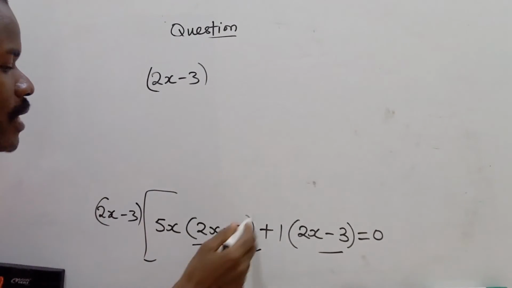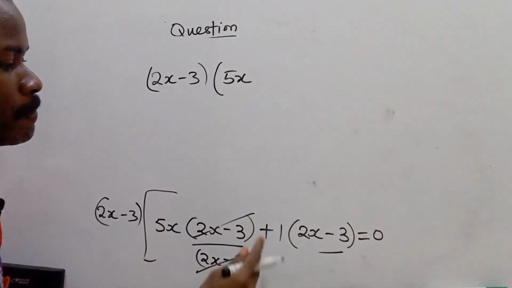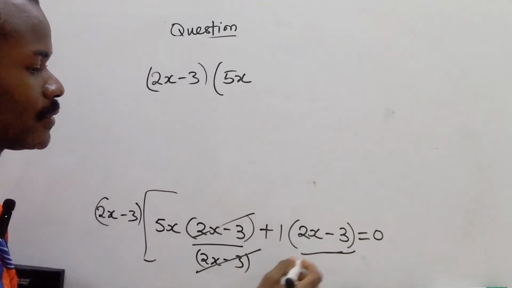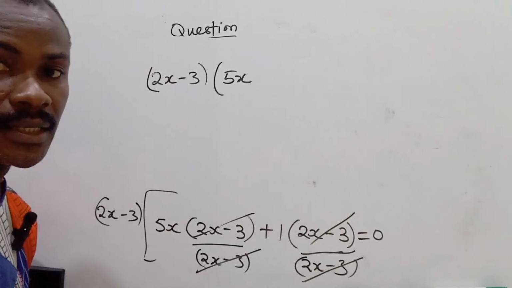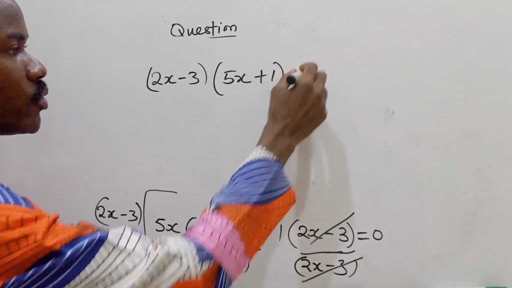You see that this will cancel out this, so we are left with what? 5x. So what about this? If we divide this by still 2x minus 3, this will cancel out this, so we are left with what? Plus 1, which is equal to 0.